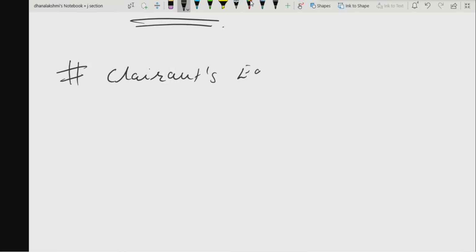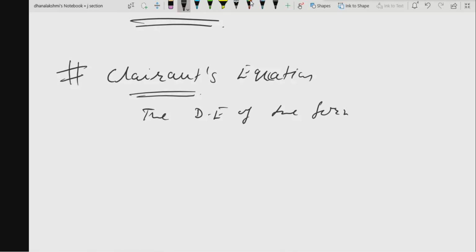Okay, so the differential equation of the form y is equal to px plus f of p. This is a Clairaut's equation.